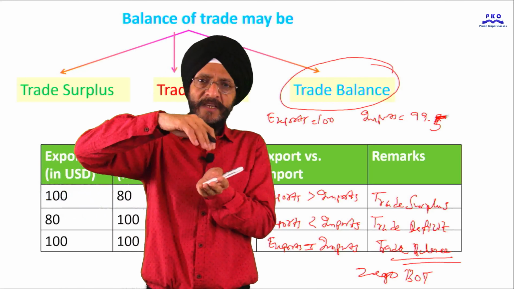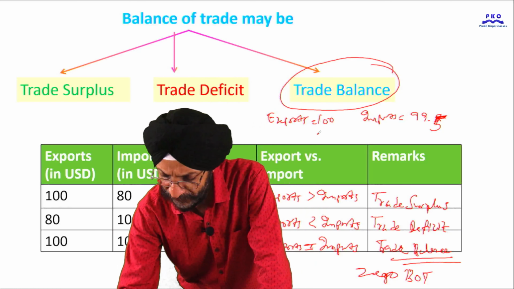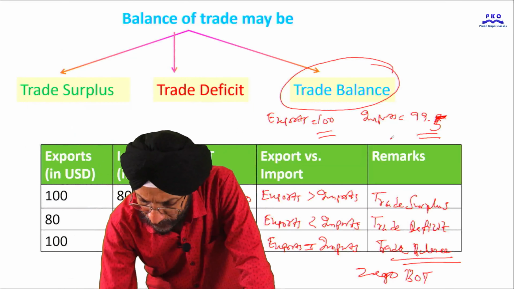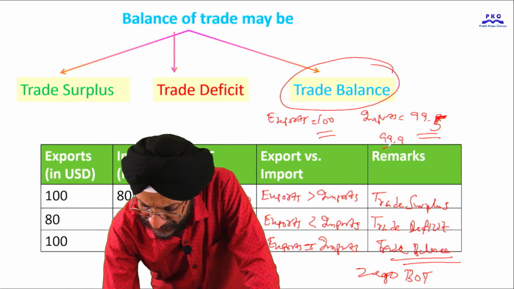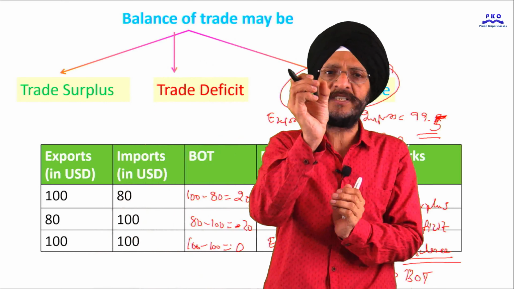We are not taking the figures in billions, we are taking only a small figure. When we will be talking in, say, billions, we will be saying it is 99.9. So here the difference between exports and imports is negligible.